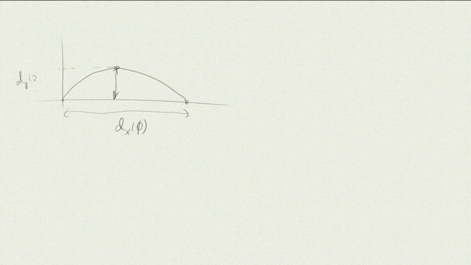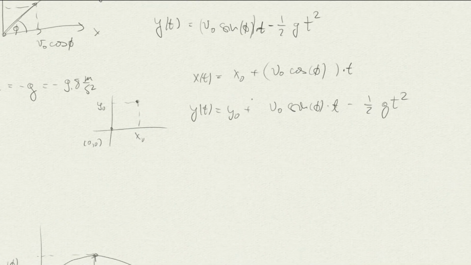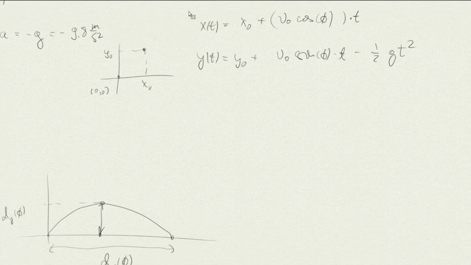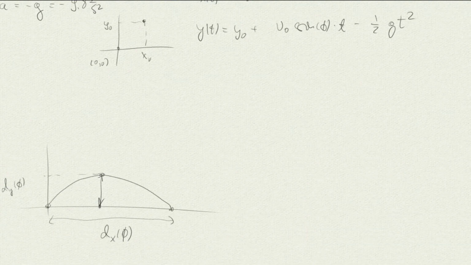And from symmetry, it can be actually proved that the peak is in the middle, so it's x divided by 2. Okay, so for this, what we need to derive is when y equals 0, when it hits the ground.